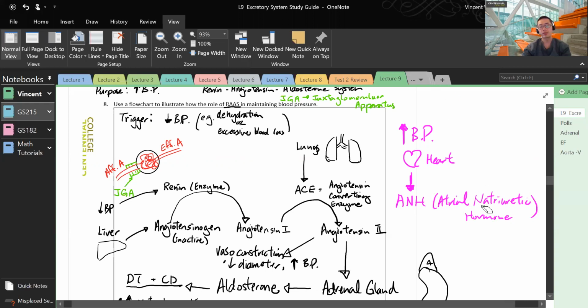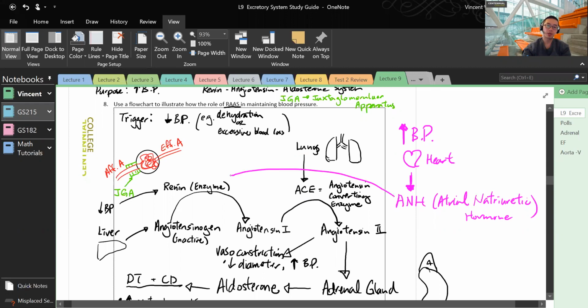Natri is sodium, basically. It's the Latin name for sodium, natrium, and basically the hormone will cause sodium to be in the urine.